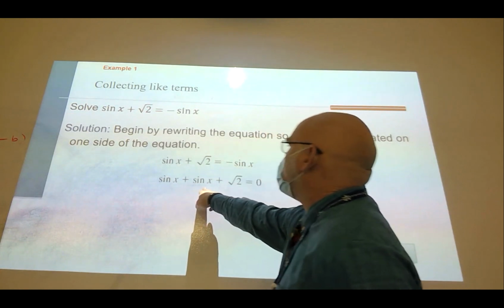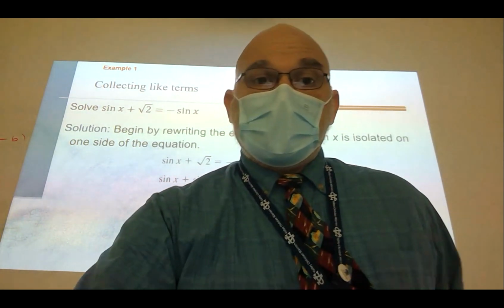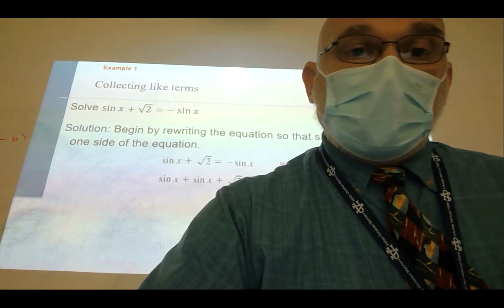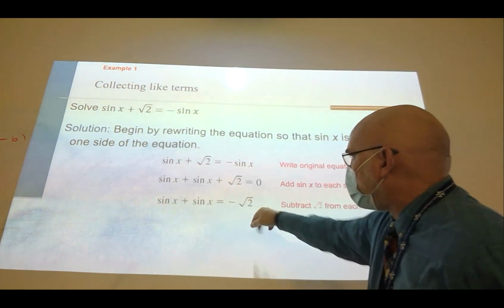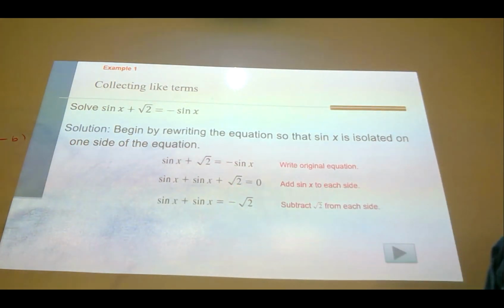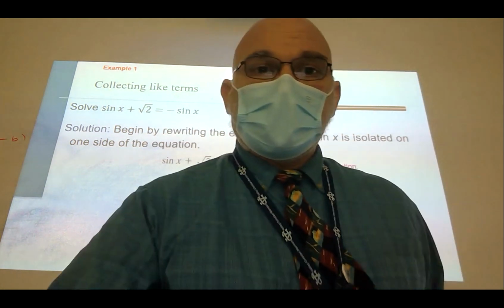So now I have a plus sine on this side and 0 on this side. And now let's move the square root of 2. We'll subtract it from this side and subtract it from this side. So I now have sine plus sine is equal to negative square root of 2.